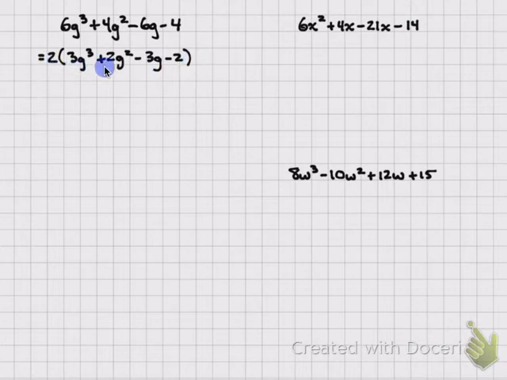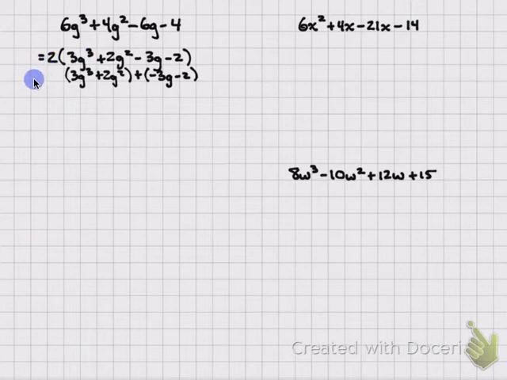So now we've got this polynomial right here that we're going to try to factor by grouping, this guy in the parentheses. So we're going to group these first 2 terms together. So we're going to rewrite that as 3g to the third plus 2g squared in its grouping. And then we're going to have negative 3g minus 2 in its grouping.